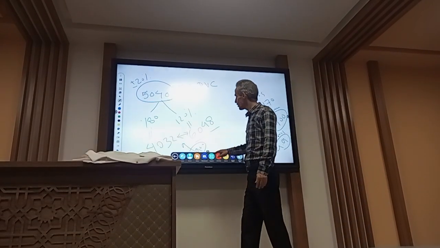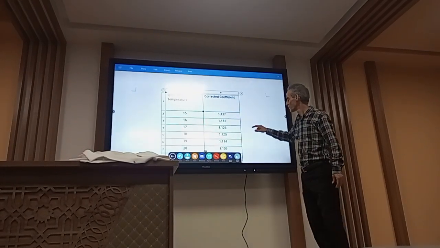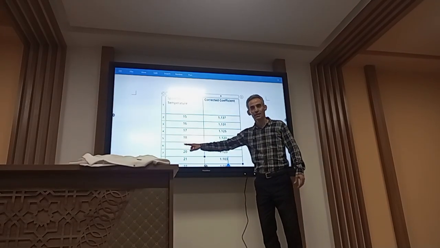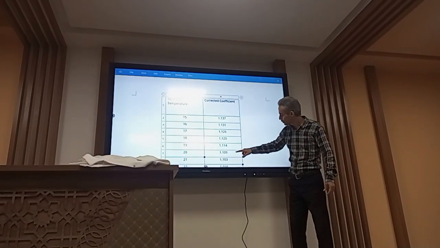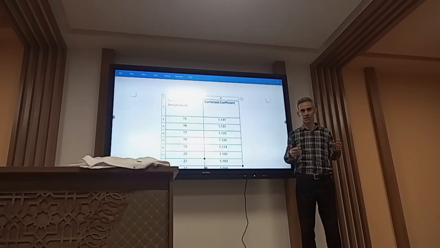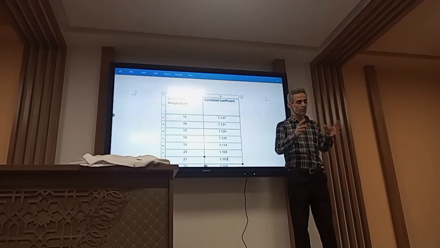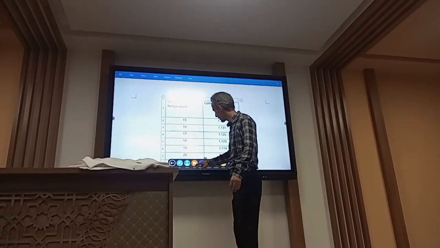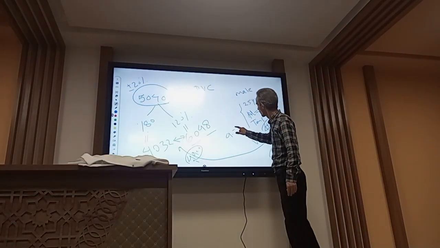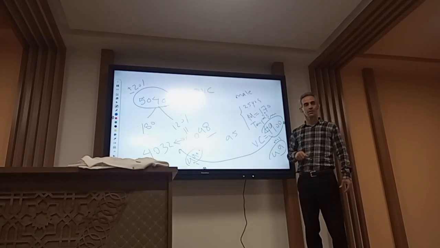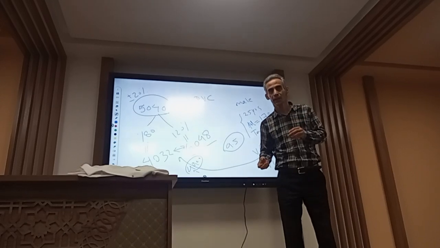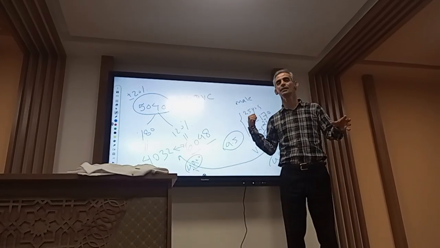For this, we should use this table. For 20 degrees Celsius, you should use this coefficient. For example, if the vital capacity is, for example, here 4.5, at first you should correct this vital capacity according to the temperature table.